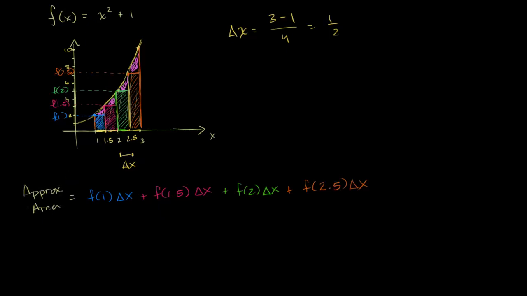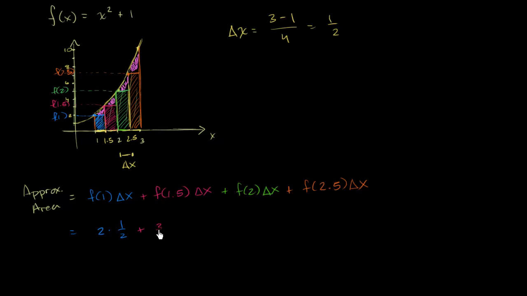So let's evaluate this. This is going to be equal to the function evaluated at 1. 1 squared plus 1 is just 2. So it's going to be 2 times 1/2, plus the function evaluated at 1.5. 1.5 squared is 2.25, and then you add 1 to it. It becomes 3.25.